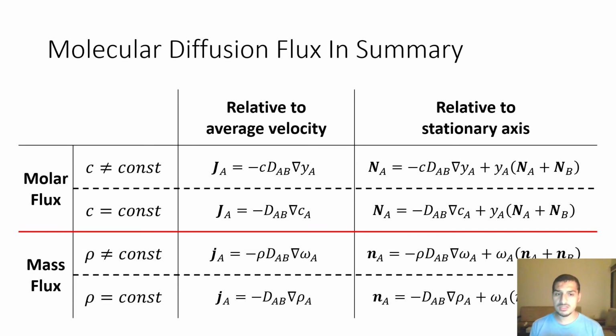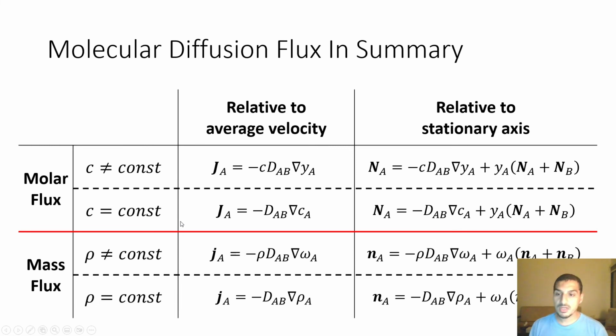One of them is whether you're using mass units or mole units. So the equations that you have here are split into two halves, one for molar flux and one for mass flux. If you are using molar flux, then you are choosing among 4 options, not 8. So this is cutting the number in half.